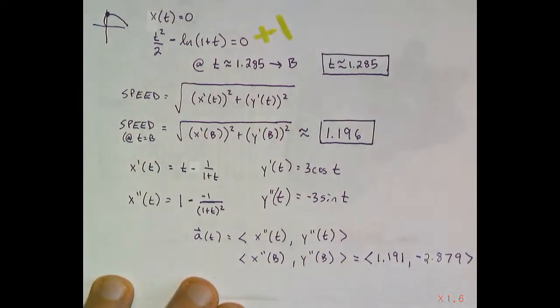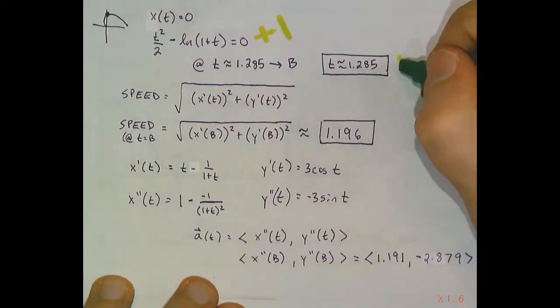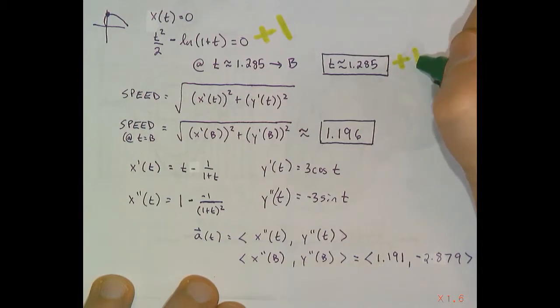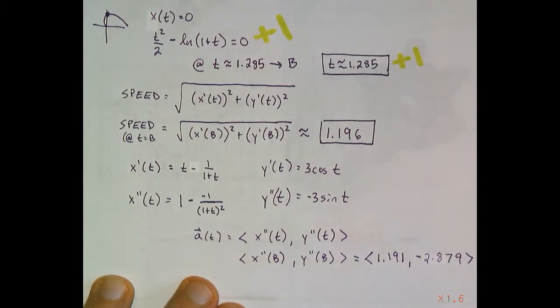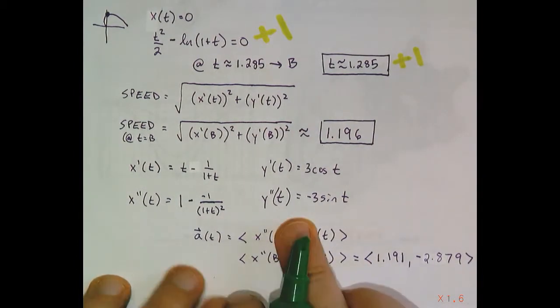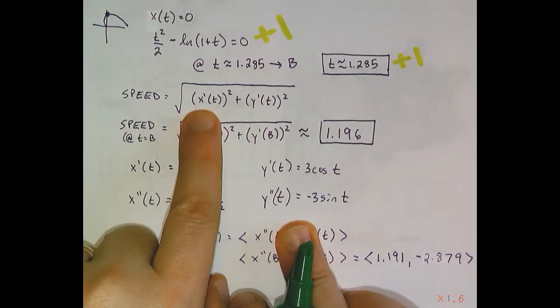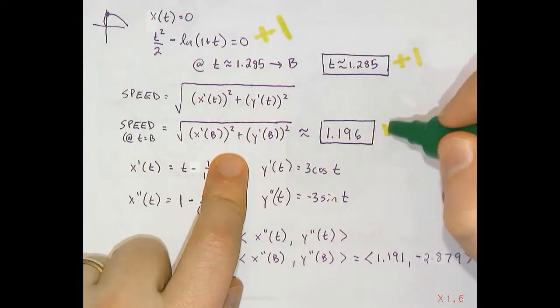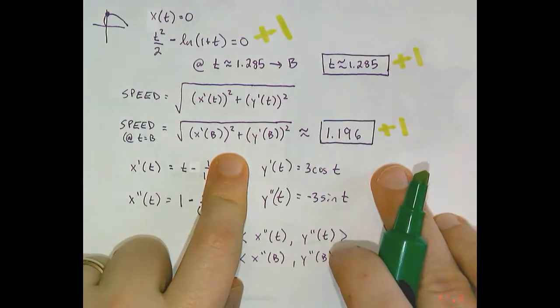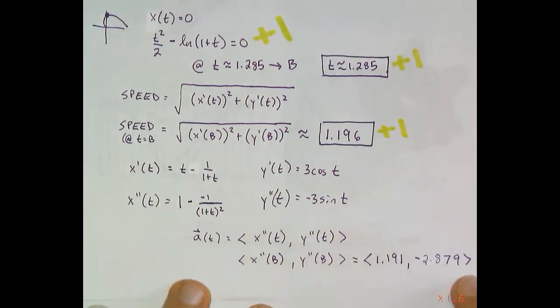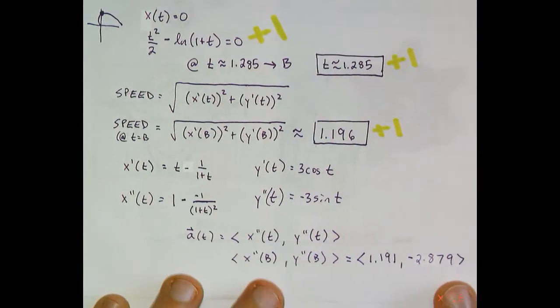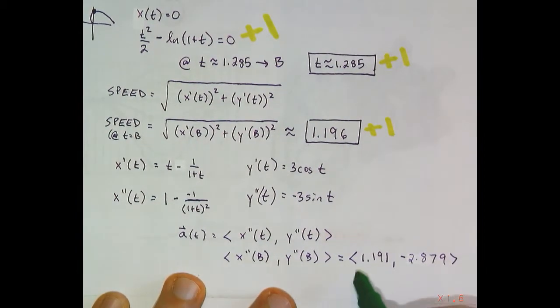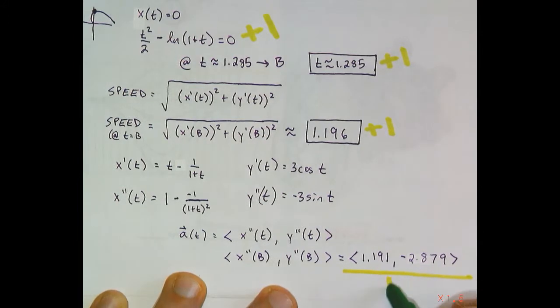That one should come pretty easily, as well as finding when that happens. That gives us the first 2 points. Finding speed, that required the memory of this equation, and if you correctly identified the value of speed, you're going to get 1 point for that. And then finally, you get 1 point for finding the acceleration vector. So this acceleration vector is worth 1 point.